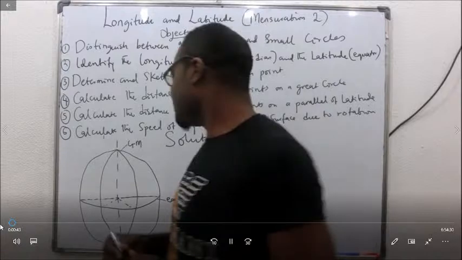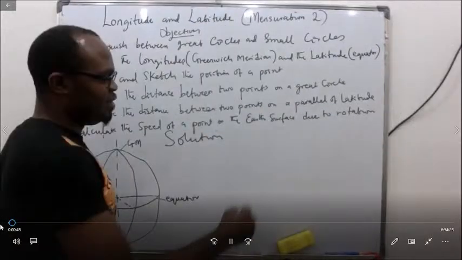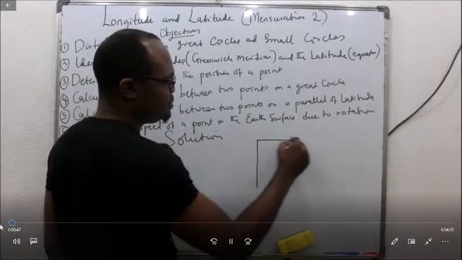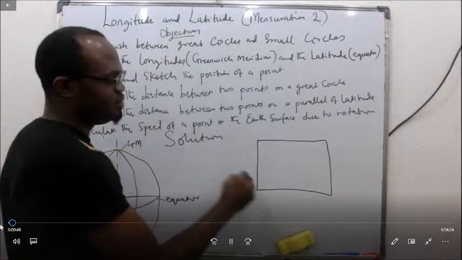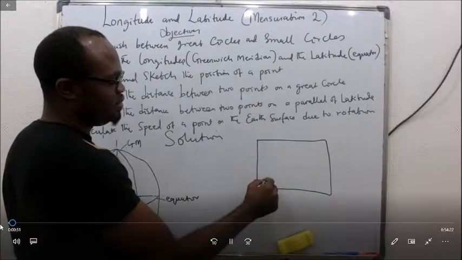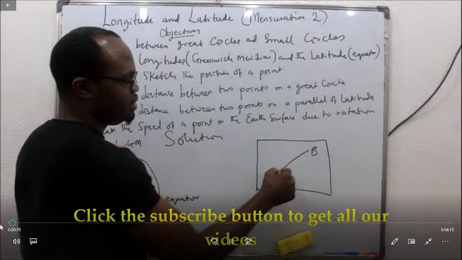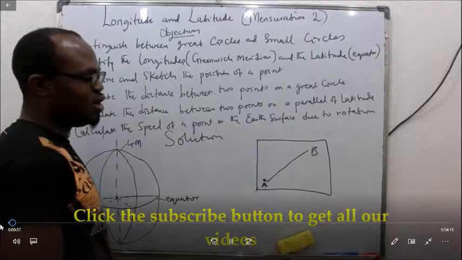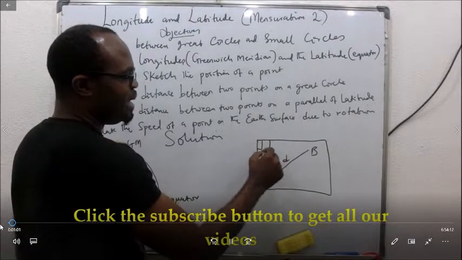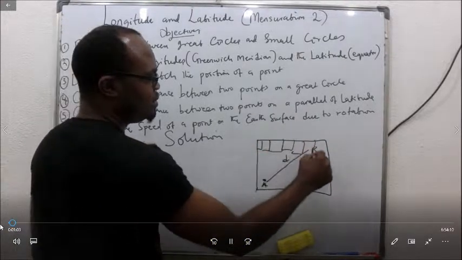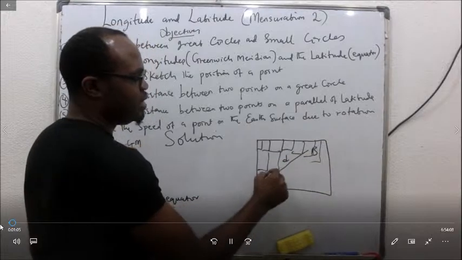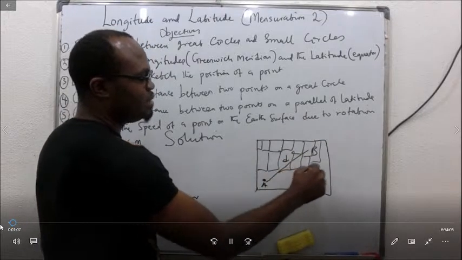So let's say you have an object, say a rectangle, and you want to know the distance between point A and point B. Or you want to know the area occupied by this object. You want to know the total area occupied by this object.